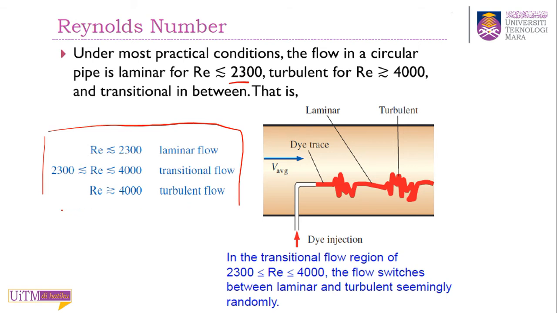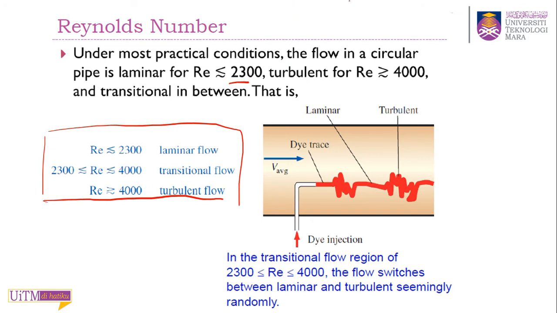For circular pipes, where we are mostly dealing, any number below 2300 is laminar, and above 4000 is fully turbulent flow, and between these numbers is the transition flow.